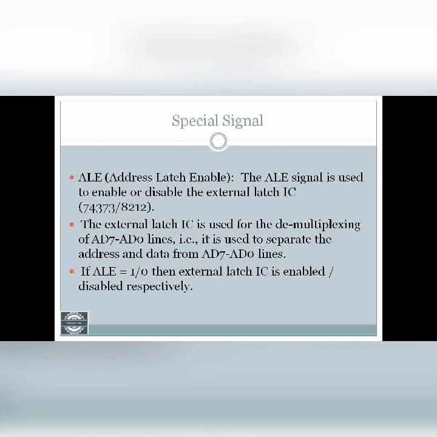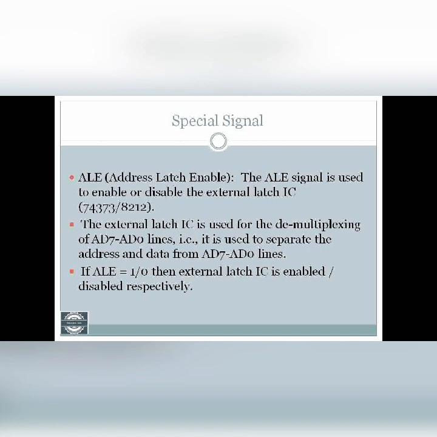The external latch IC numbers are also given: 74373 and 8212, and the external latch IC is used for demultiplexing of the AD7 to AD0 lines. That is, it is used to separate the address and data from the AD7 to AD0 lines. Here, if ALE is equal to input output, then the external latch will be enabled or disabled respectively.